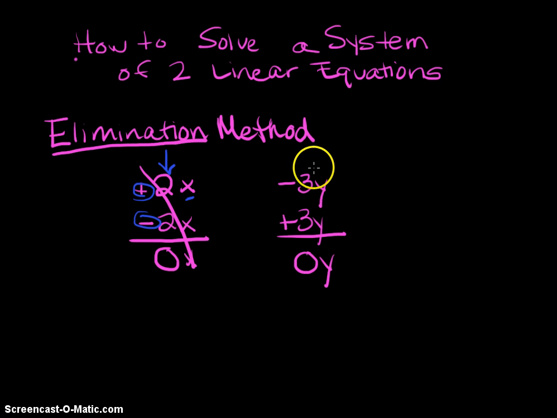All right, this is going to become very handy. I know this looks super obvious now, but I'm pointing it out so when the problems do get a little bit harder, a little bit more complicated, it sticks in the back of your head. The numbers, the coefficients have to be the same, but the signs have to be different in order to eliminate the variable. So let's keep this in mind when we are going through these problems.